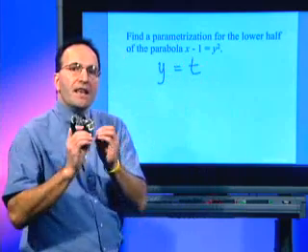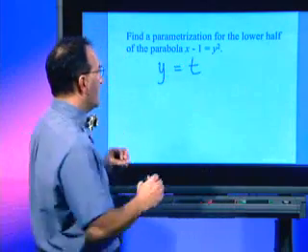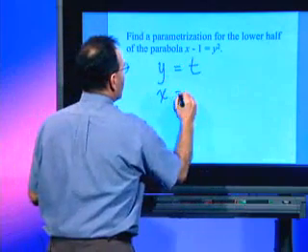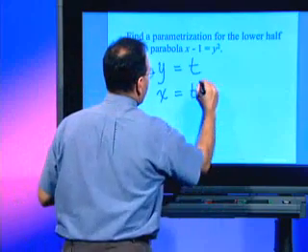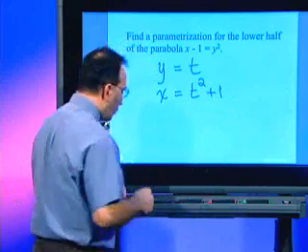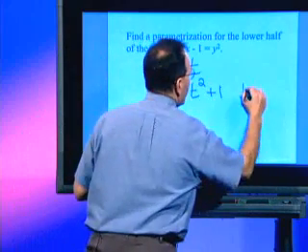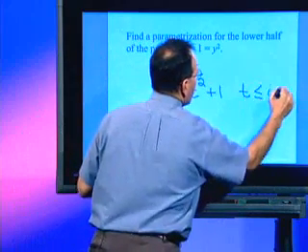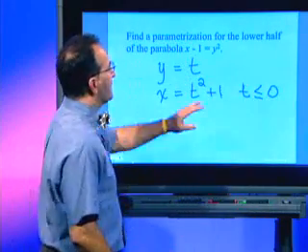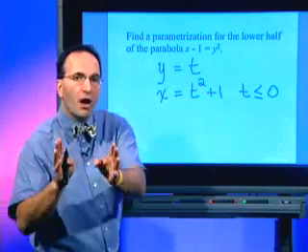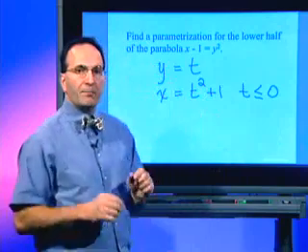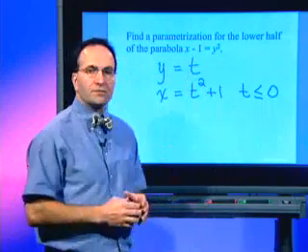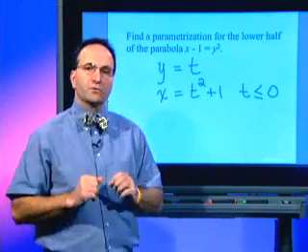Now, using that, x is going to be equal to t squared plus 1 with the restriction that t is less than or equal to 0, because we're interested in the lower half of that parabola. So that would be a parametrization of x minus 1 equals y squared.